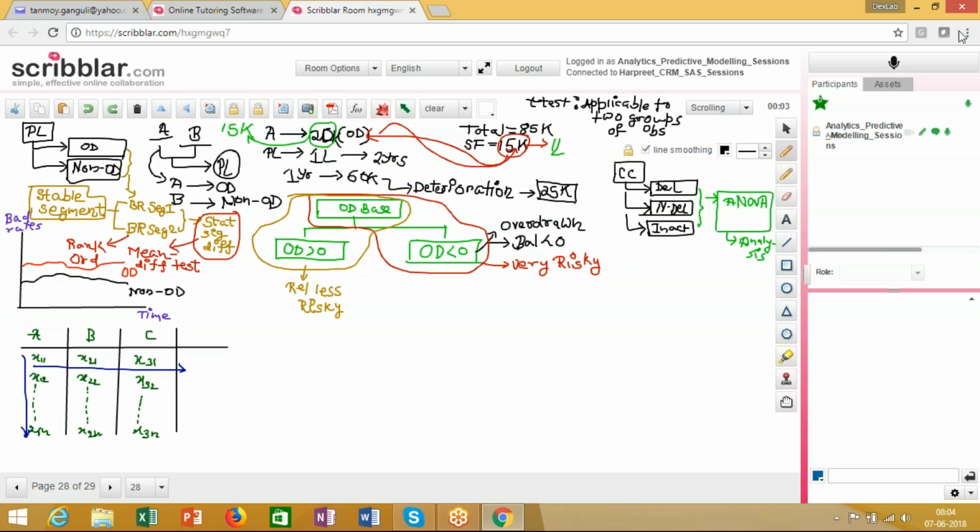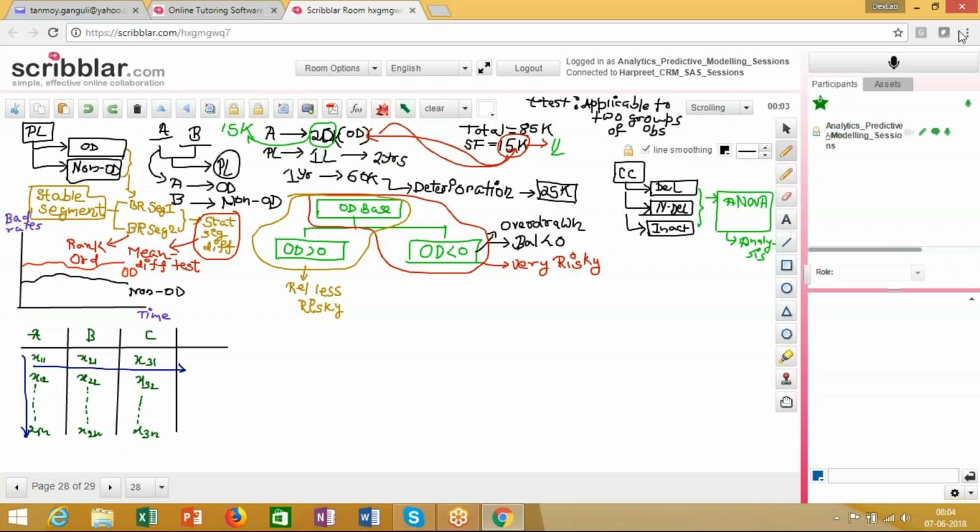So what are we trying to actually do here? Let us say, for example, we are building a PD model for a credit card. Over there, there are three segments which can be created: a delinquent segment, a non-delinquent segment, and an inactive segment.